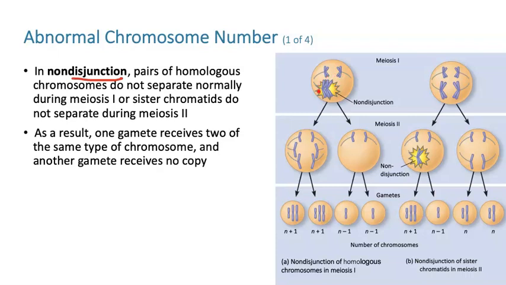So I'm showing you here a nondisjunction in meiosis 1. What results is that if you go through meiosis 2, the 1, 2, 3 chromosomes that ended up in this cell all separate, their sister chromatids all separate, and you end up having n plus 1 number of chromosomes, where n is the haploid number.